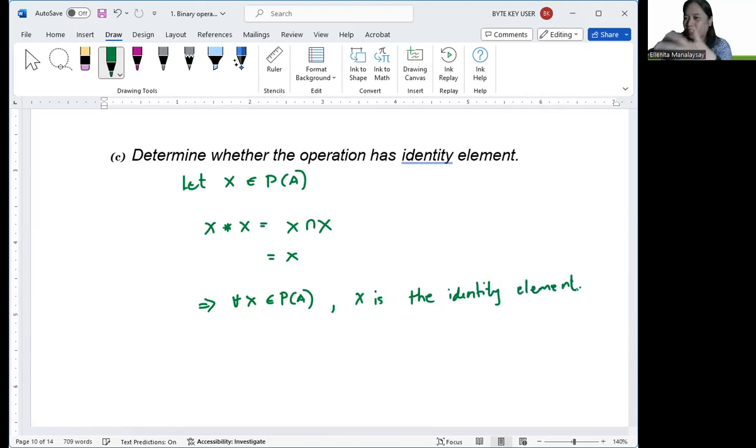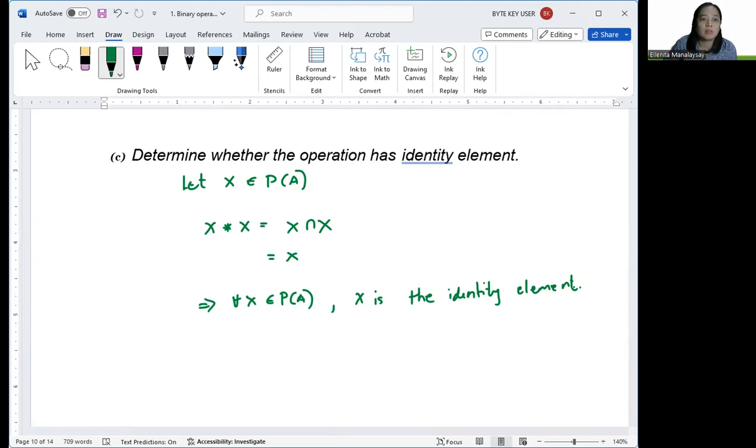Oh, siya pa rin yung identity element, kasi ano yung i-step na pag kinuha natin ng intersection to that set. But the identity element should be unique and x is not unique.